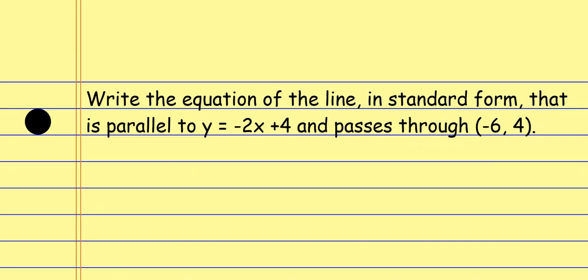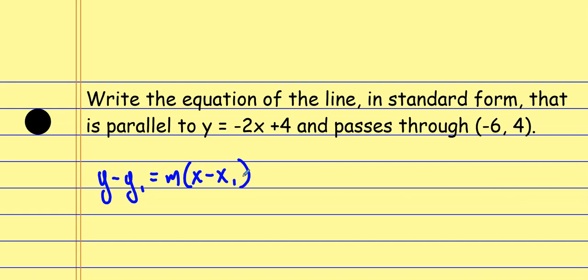So then writing equations just like we've been writing them, it says write the equation of the line in standard form that is parallel to y equals -2x plus 4 and passes through the point (-6, 4). Okay? And so when you look at something like this, remember, all we're going to do when we write an equation, even in standard form, I always start with point-slope form. Okay? Remember, point-slope form is y minus the y value equals m times x minus the x value.